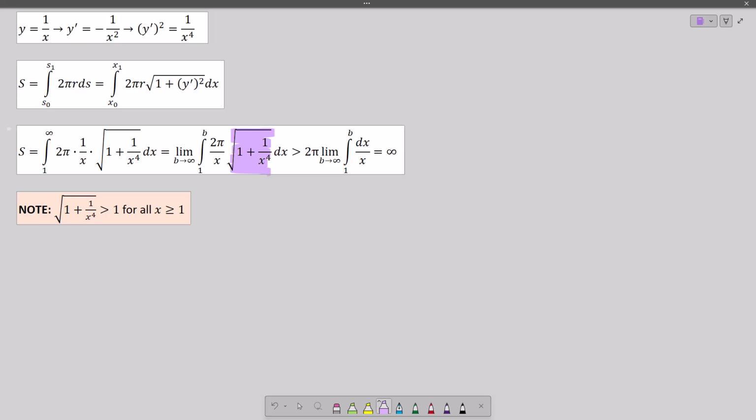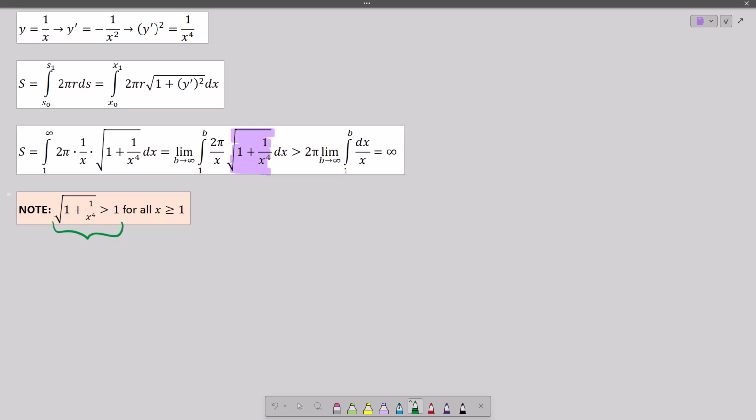Why? So, if you look right here, first of all, do you agree with that? That square root piece for x greater than or equal to 1, isn't that always bigger than 1? You're taking the square root of a number bigger than 1. The square root of a number bigger than 1 is a number bigger than 1.